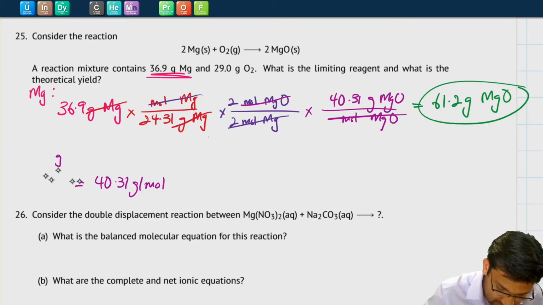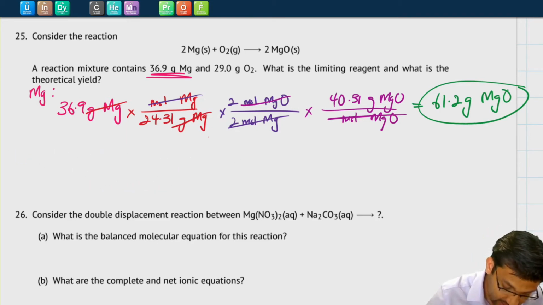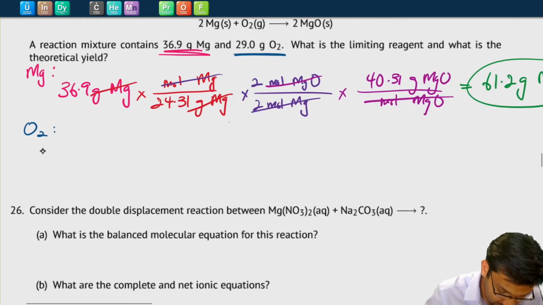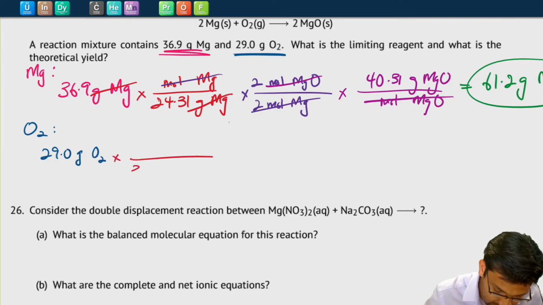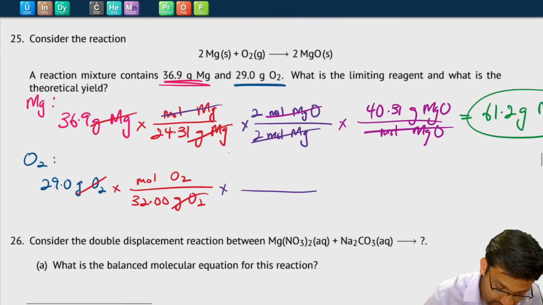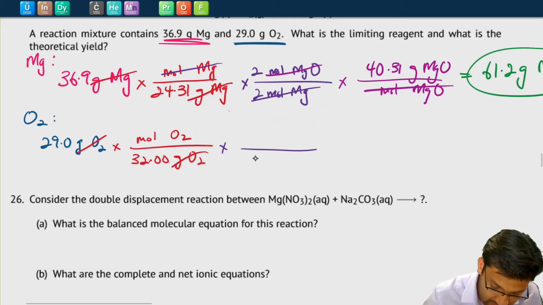Now I'm going to create some space to try the second reagent, which is starting from oxygen. So let's do that. Starting with oxygen, we have 29.0 grams of oxygen. We divide by the molar mass of oxygen, which is 32.00 grams of oxygen per mole of oxygen. We convert that from moles of oxygen to moles of magnesium oxide, and from this equation we see that for every 1 mole of oxygen we have 2 moles of magnesium oxide.